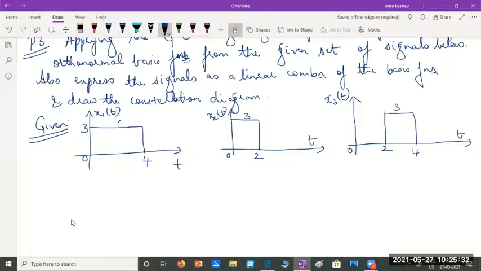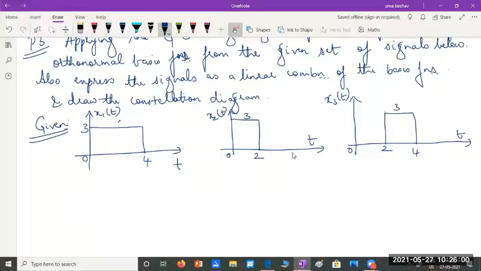Now you have to find the orthonormal basis functions for this. Looking at these three signals, can you tell me which two signals can be considered linearly independent and which is dependent? Look at the three signals and tell me.